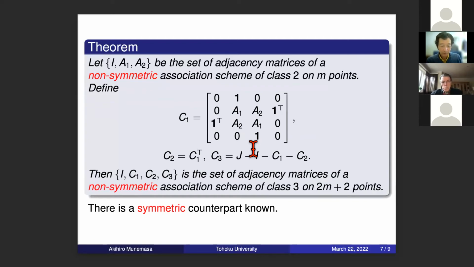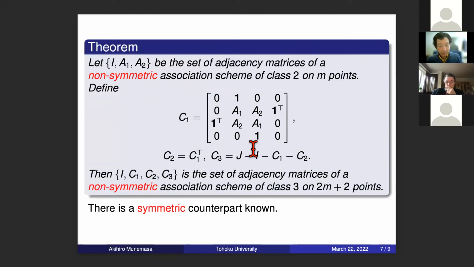And now let us focus on a different part of the theorem. Here, non-symmetric. I assume that the scheme is non-symmetric, and the resulting scheme is also non-symmetric. Now, what happens if we assume it is symmetric? Well, a symmetric association scheme of class 2 is nothing but a strongly regular graph.